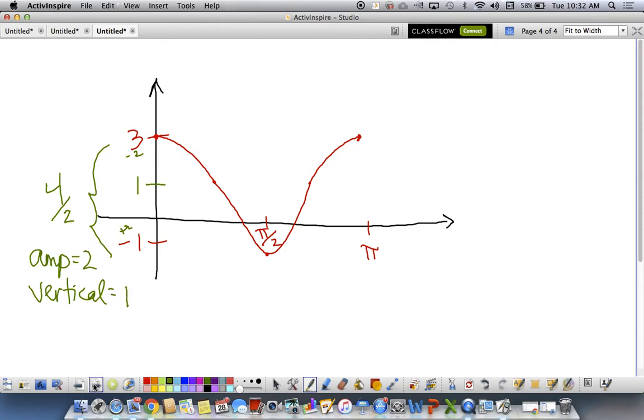Why did you divide by 2 on 4? To give me my amplitude, because you're going the same amount above and the same amount below. If you go the same amount above and the same amount below, that's your amplitude. Yes, always. Okay?